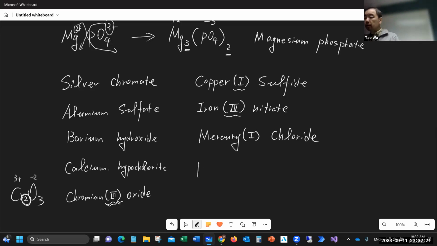Next one, potassium permanganate. Next one, lithium carbonate.